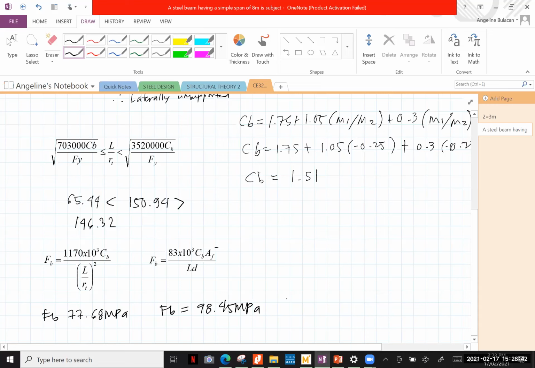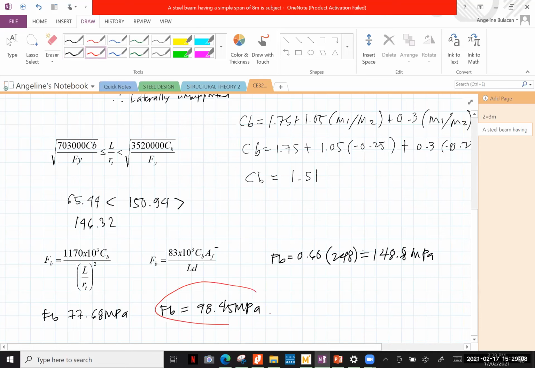Now, ang 0.6 FY, ito, check natin, tatlo pala yan. FB is 0.60. Ang FY natin is 248, tama? 248. It's 148.8. Again, use the bigger value, but not greater than 148.